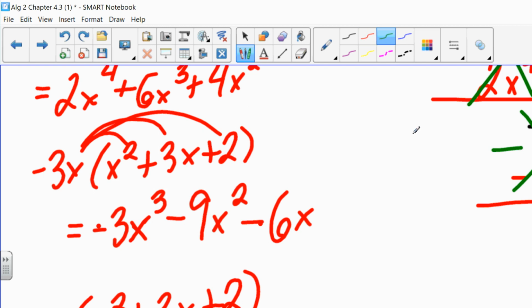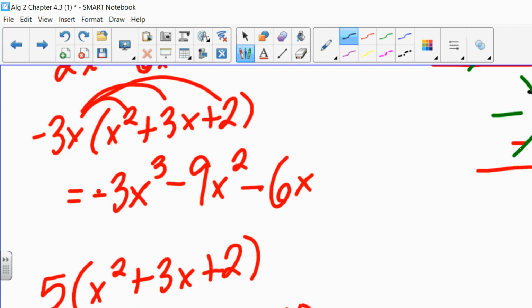And we would subtract. 5x squared minus 5x squared is 0. We would do 11x minus 15x, which is negative 4x. And negative 1 minus 10 is negative 11.